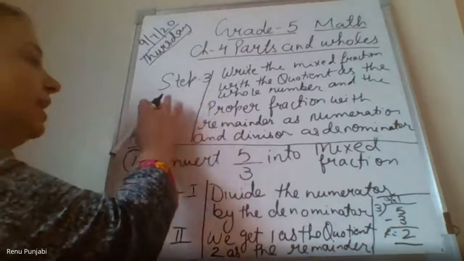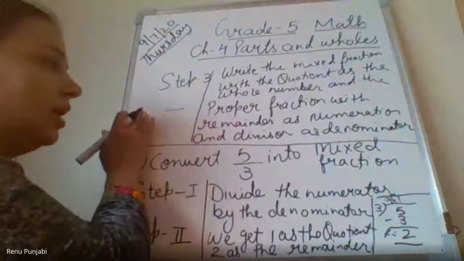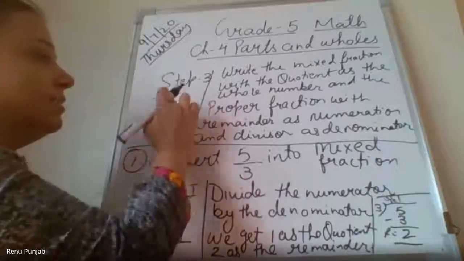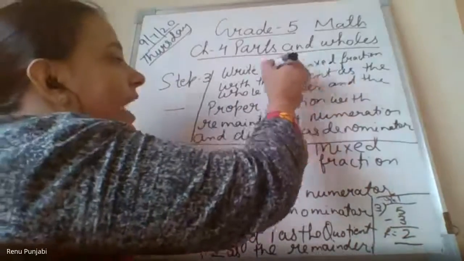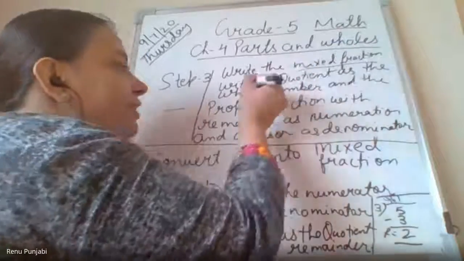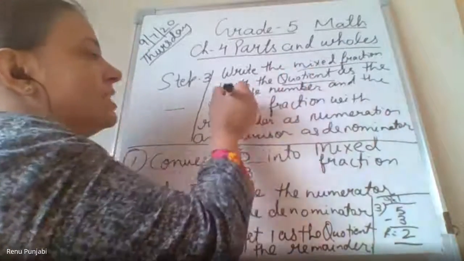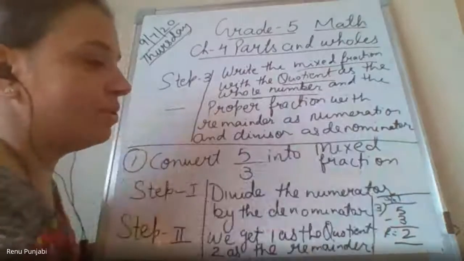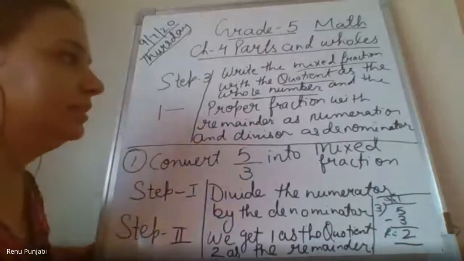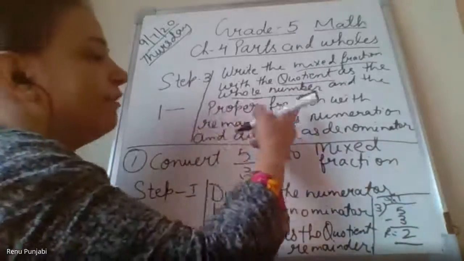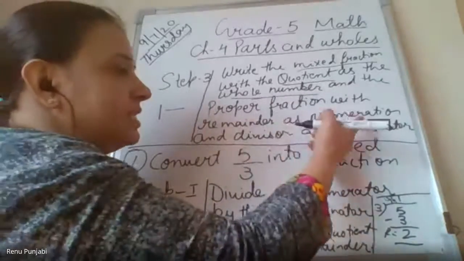You all know in the mixed fraction there is something whole, and something in the numerator and the denominator. So it is saying write the mixed fraction with the quotient as the whole number. Our quotient was 1, so it will go in the whole number. And the proper fraction with the remainder as the numerator.